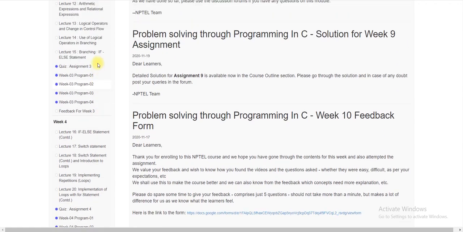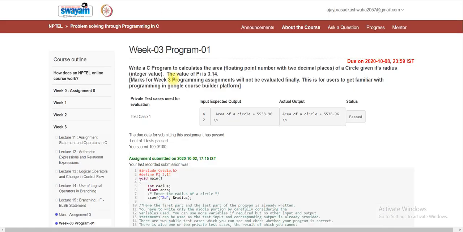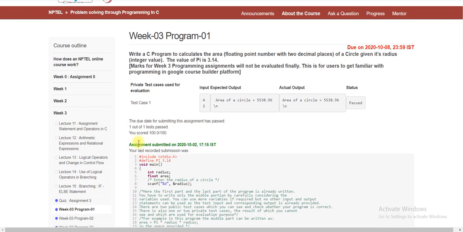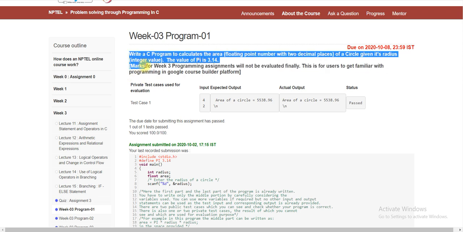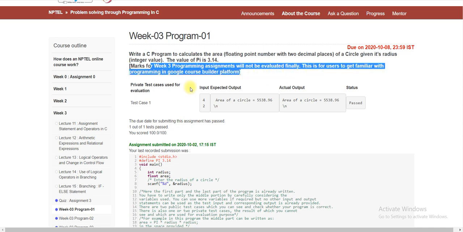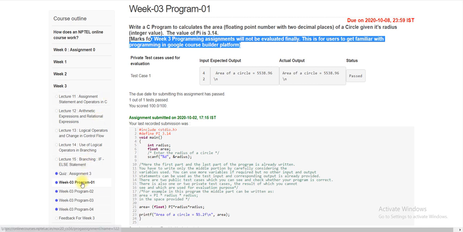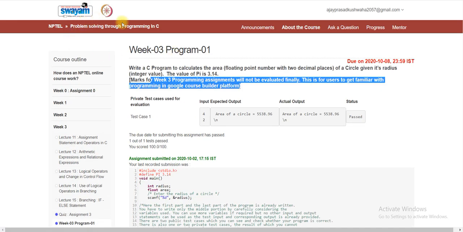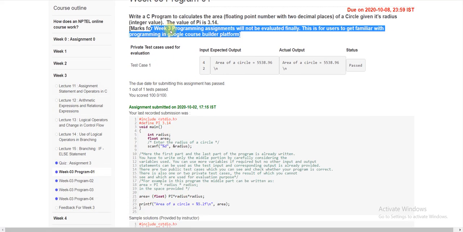So in the 12th week also we will get it. Here you can see in C: the marks of the week 3 programming assignment will not be evaluated finally. So it is showing for week 3, for the course Problem Solving through Programming in C.